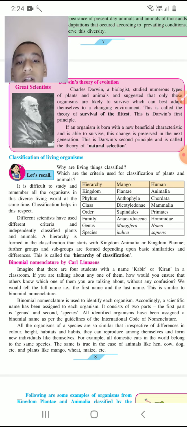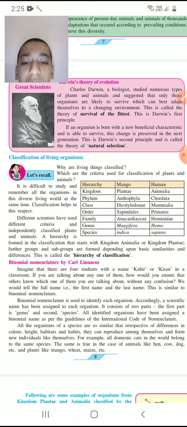If you are talking about any one of them, how would you ensure that others know which one of them you are talking about without any confusion? We will tell the full name, that is, the first name and the last name. This is similar to binomial nomenclature.